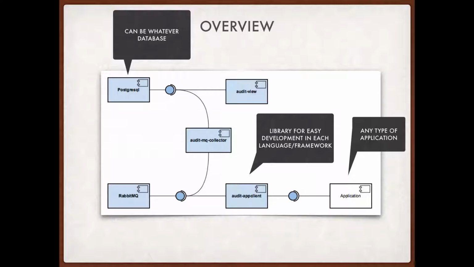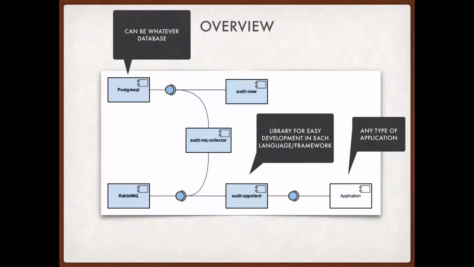So I'm creating an audit app client, a component to help developers generate those events. The events are generated and put on the RabbitMQ component system. Again, it could be any other queue system you use. The event is generated in JSON and published on the queue in JSON format.